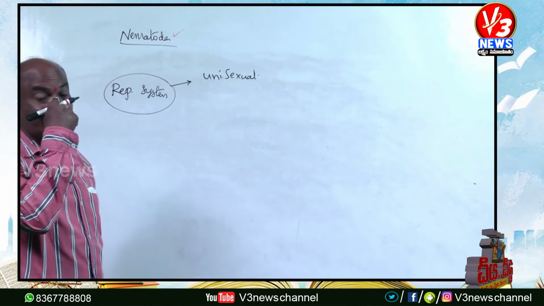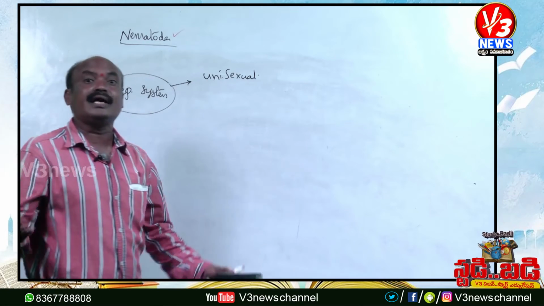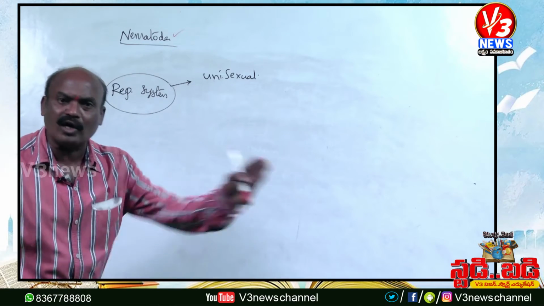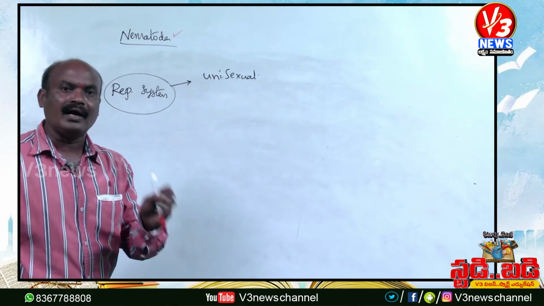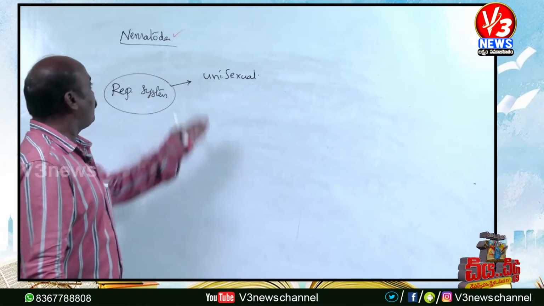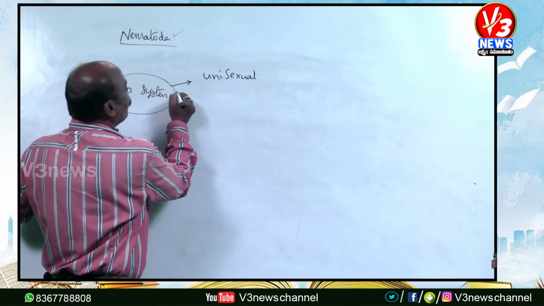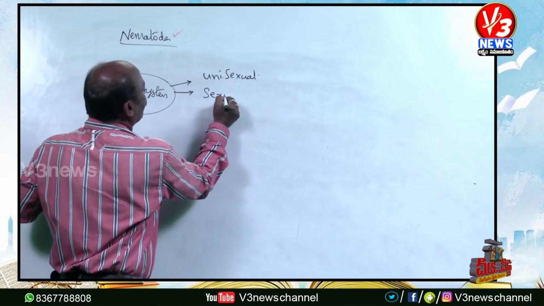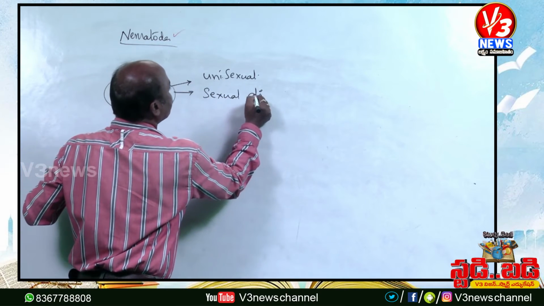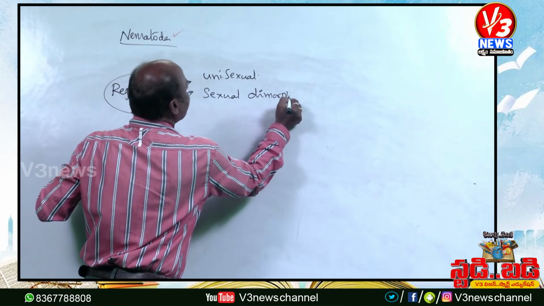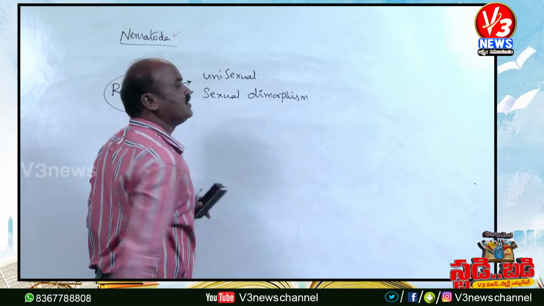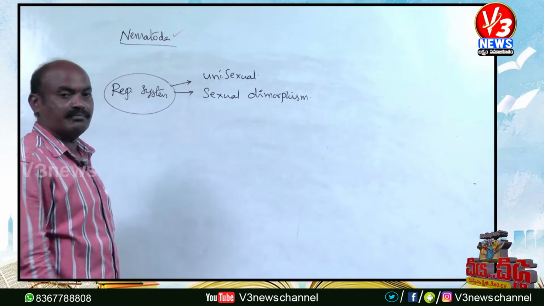Whereas the flatworms we discussed in our previous class are bisexual. A single organism possesses both male and female reproductive organs, but roundworms are unisexual. And one more very important character is that they exhibit sexual dimorphism.